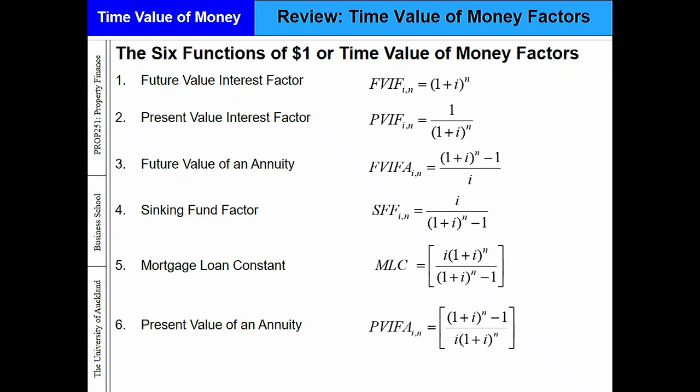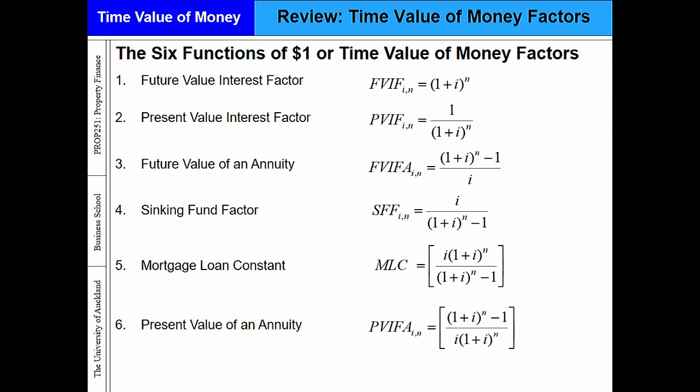You can see that the expression 1 plus i raised to the nth power is featured in every single factor, whether you're looking at present value, annuity, sinking fund, or mortgage payment. That expression is built into every single factor, so it is, I guess, the most important for you to remember.